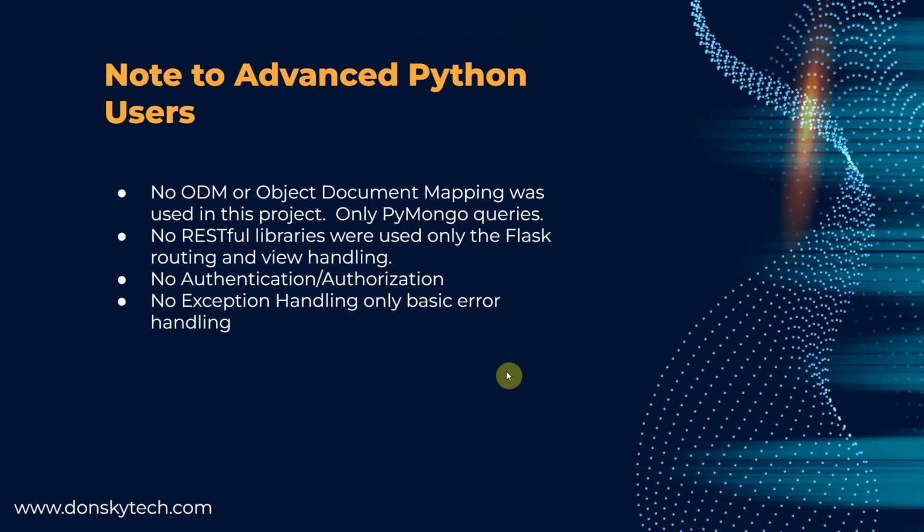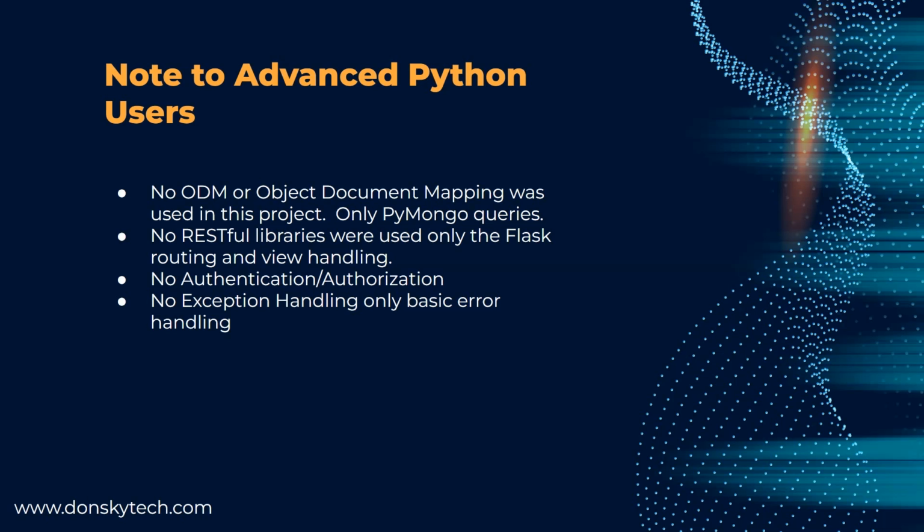By the way, a note to advanced Python users. The project that I have created here does not use any object document mapping. So only PyMongo queries were used. Also, I'm not using any RESTful libraries and we're only using the Flask routing and view handling.